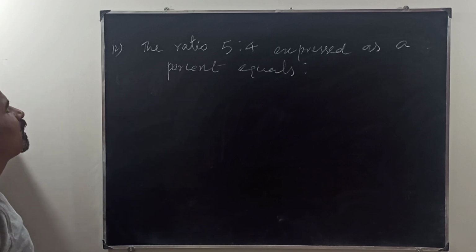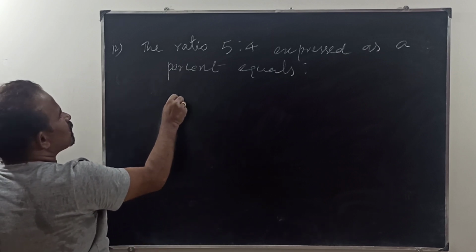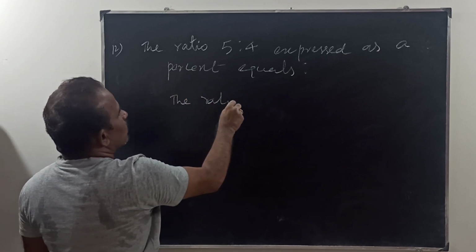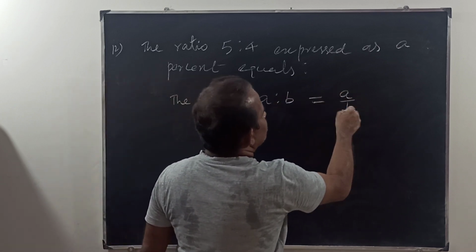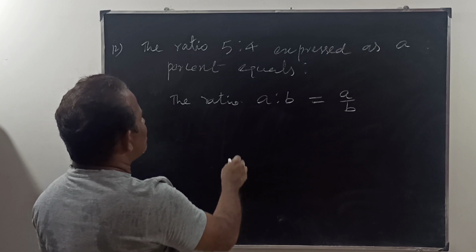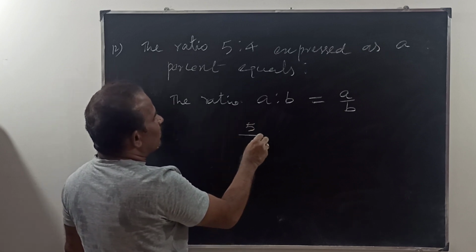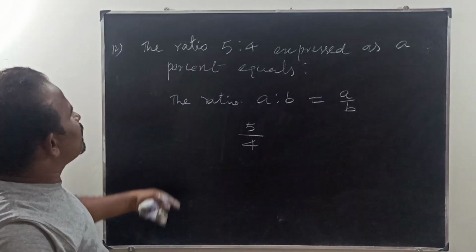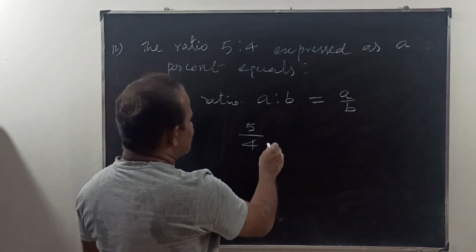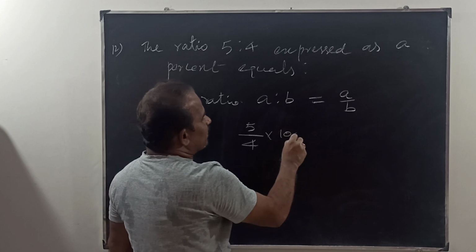The ratio A is to B is equal to A by B. Therefore, 5:4 is nothing but 5 divided by 4. We can express it as a percentage: I will multiply it by 100%.